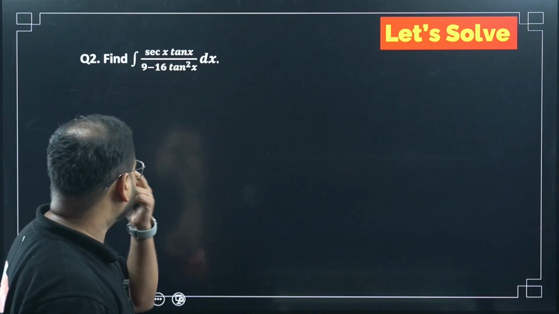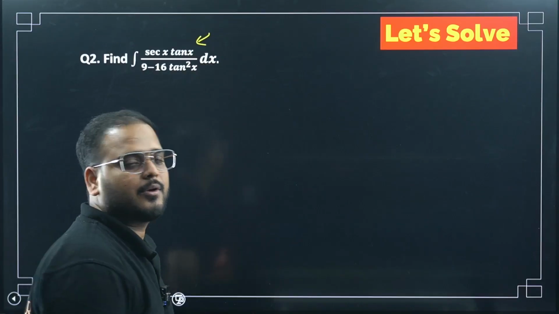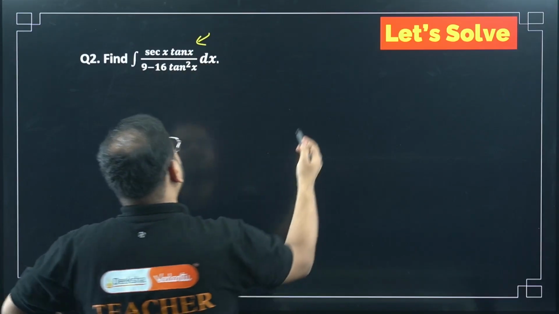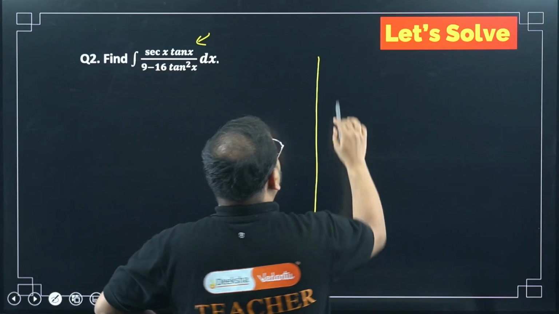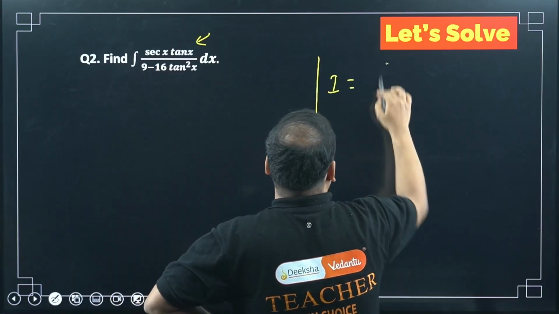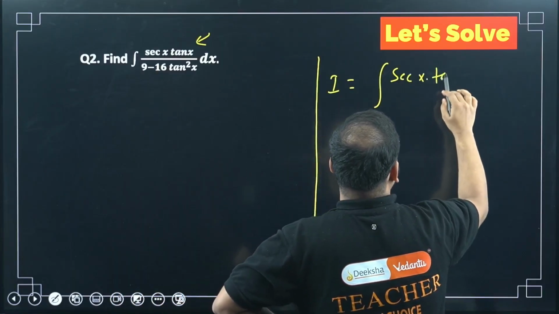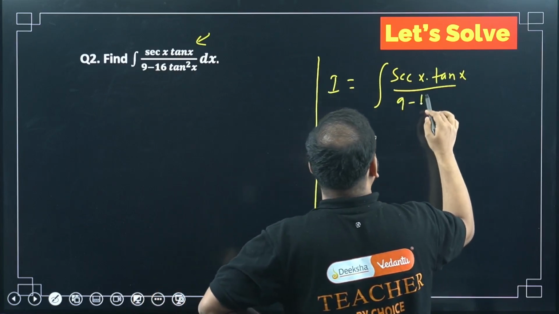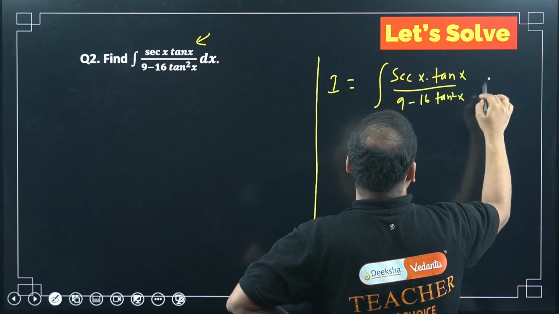Look at this problem. Again, I can use some substitution. How, sir? I have something in the numerator, and I can use substitution for that. We'll see how. For right now, I can write my integrand I as the integral of sec x tan x upon 9 minus 16 tan square x dx.